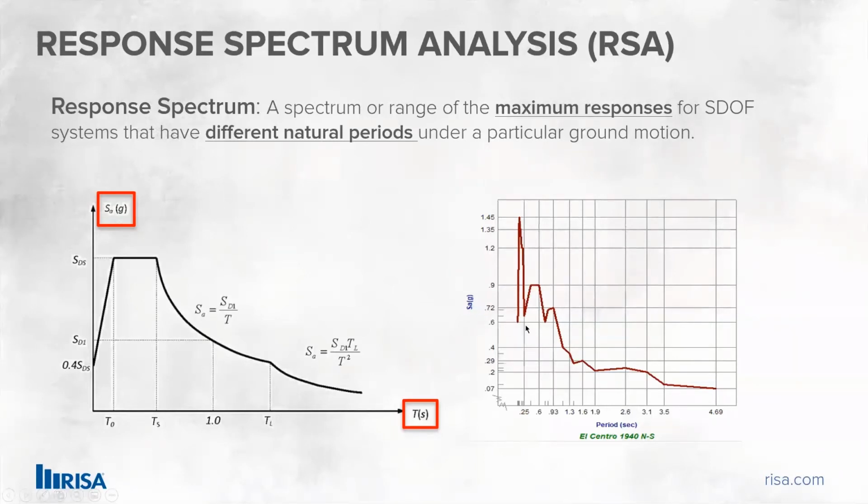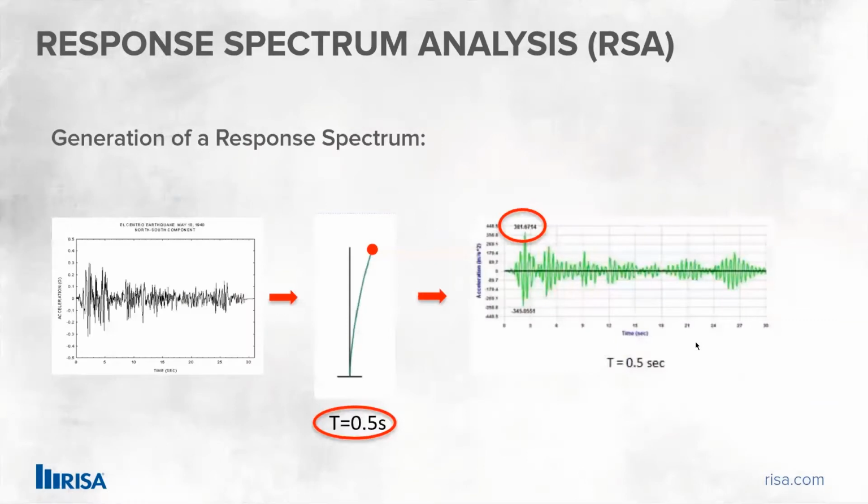For different earthquakes, you can imagine you will have a different spectrum for each earthquake. To develop this spectrum, here we have a seismic excitation. We apply this seismic excitation to this single degree of freedom system, with a T equal to 0.5 seconds, let's say.